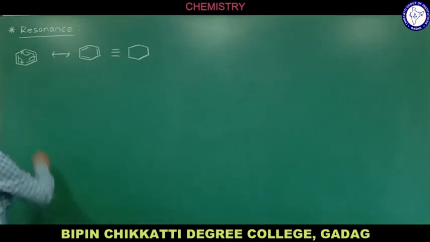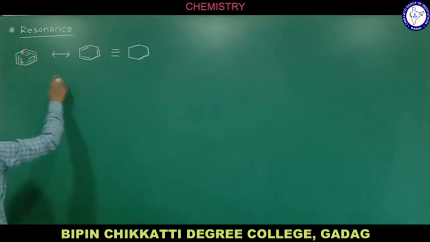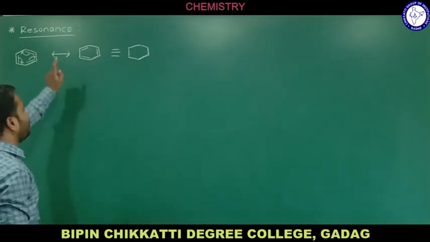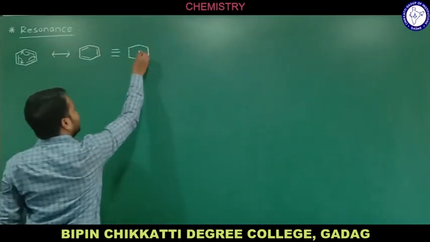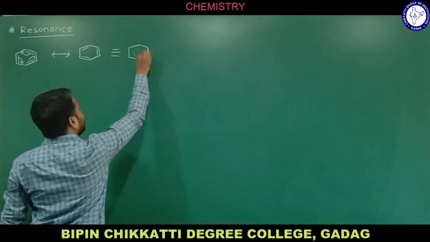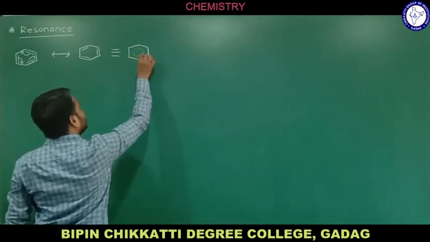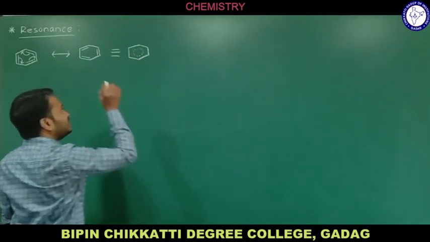Here we have alternate double bonds over here and over here, and in this case here, here and here. In general, the pi electrons rotate inside the benzene ring. We can show that using dotted lines, which indicate that the pi electrons rotate in this fashion in the benzene ring, but they are not localized, they are delocalized.